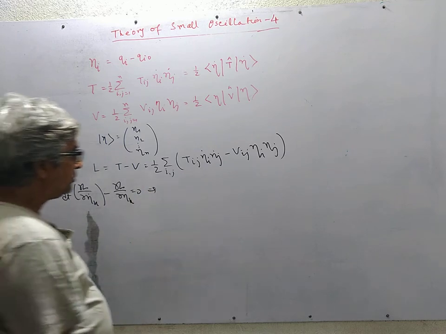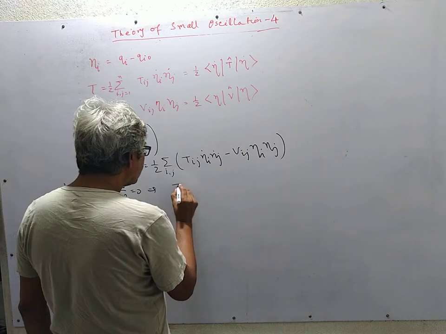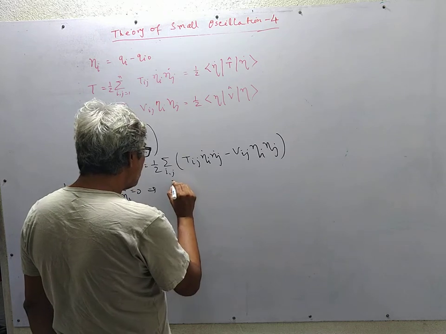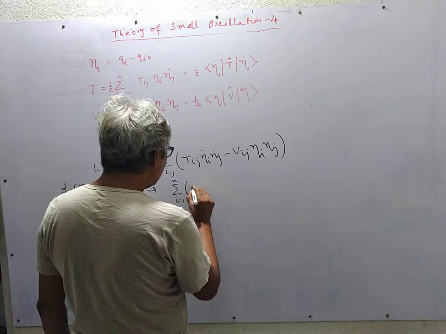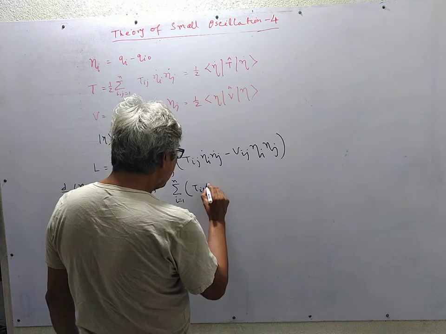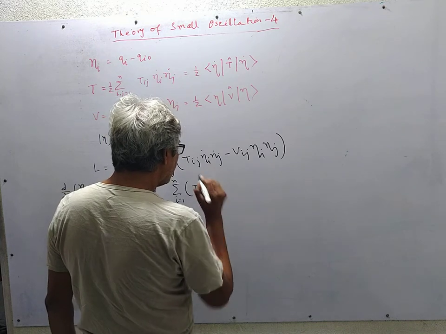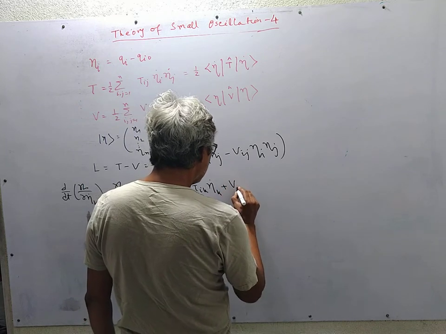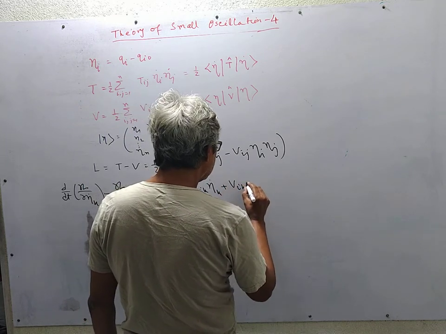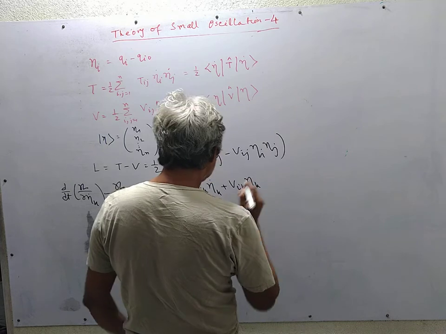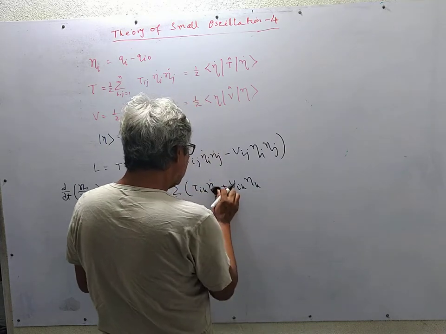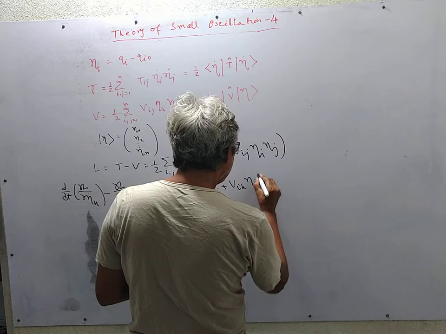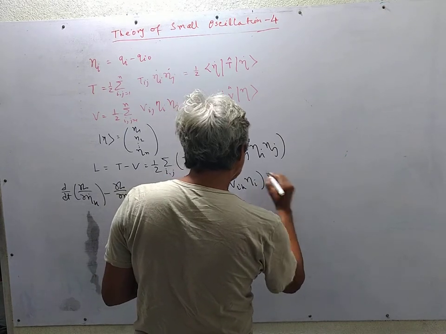This leads to the equation: summation over i equal to 1 to n, Tik eta i double dot plus Vik eta i is equal to 0.